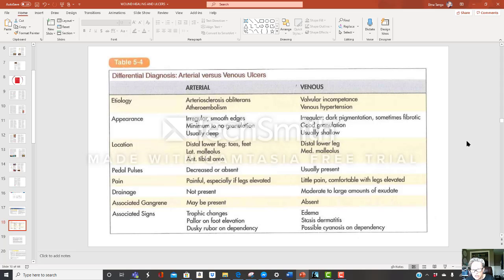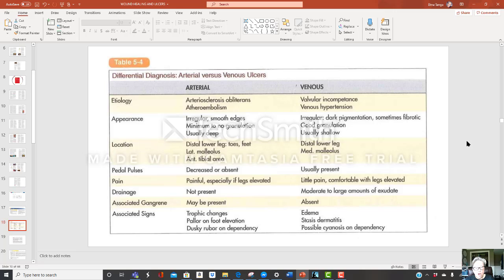Venous, moderate to large amounts of exudate. So medial, exudate. Medial malleolus, moderate to large amounts of exudate. Associated gangrene may be present with arterial, is absent with venous. So gangrene is present with arterial, maybe. Venous is absent.